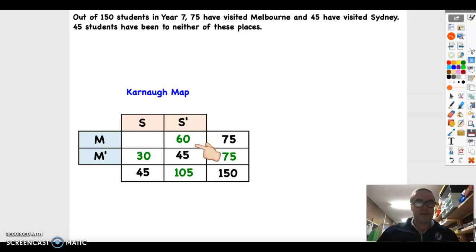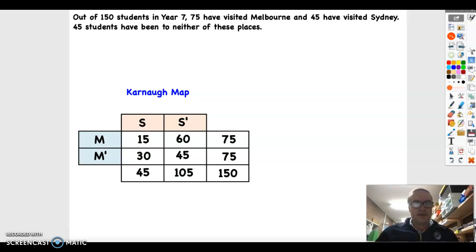So we've got this intersection here. So these two cells add up. Likewise, I can work out that this cell is going to be 30, and we've got one more cell remaining. And whichever way we look at it, whether we look at it as 15 plus 60 equals 75, or 15 plus 30 is equal to 45, I know that this cell must be 15.